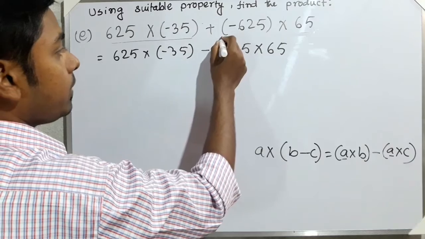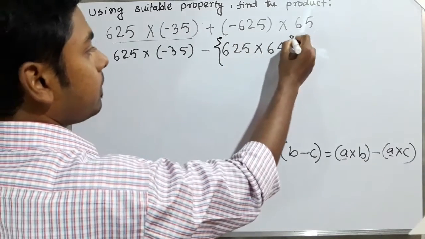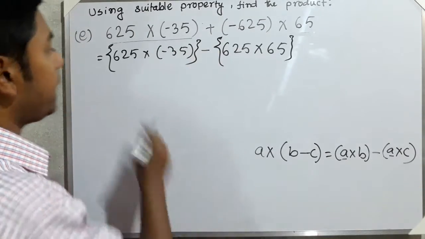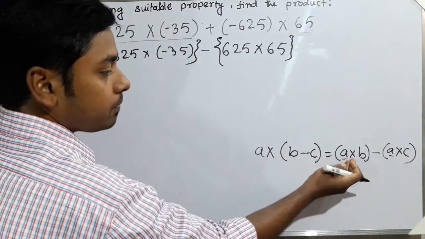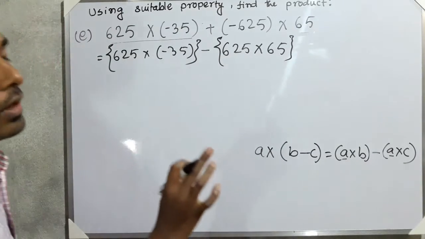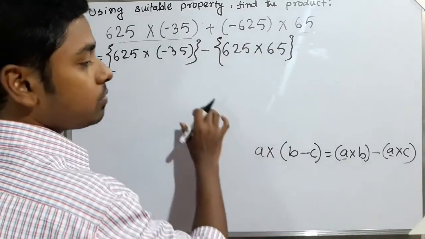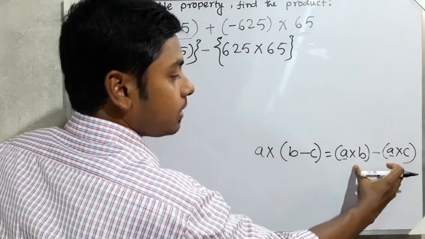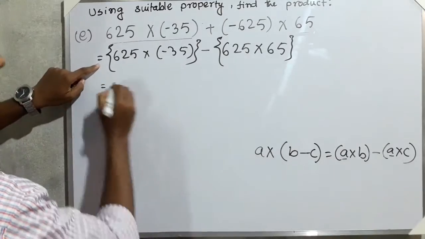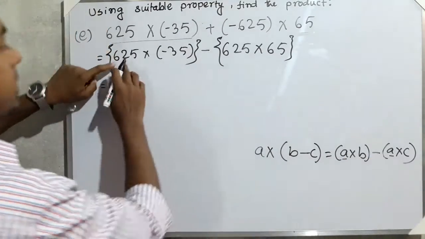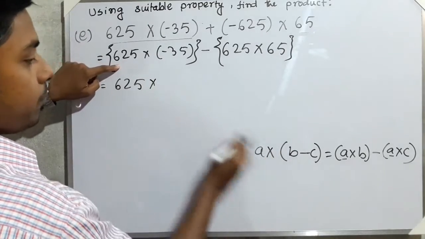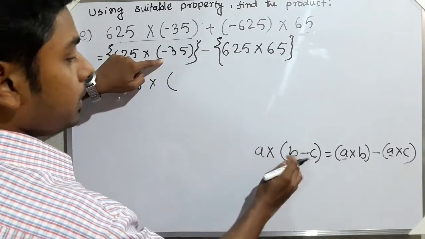If we keep it within a bracket, it is easier to understand that the value of A is the same, 625 here and 625 here. Now we have to use the distributive property, converting this line into this line. First we write A, which is 625, then multiply, then bracket, B minus C.